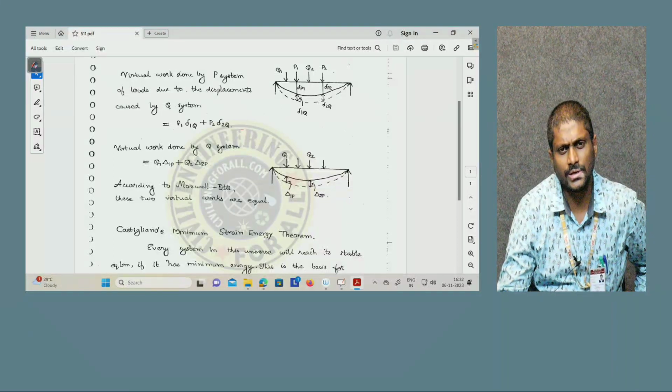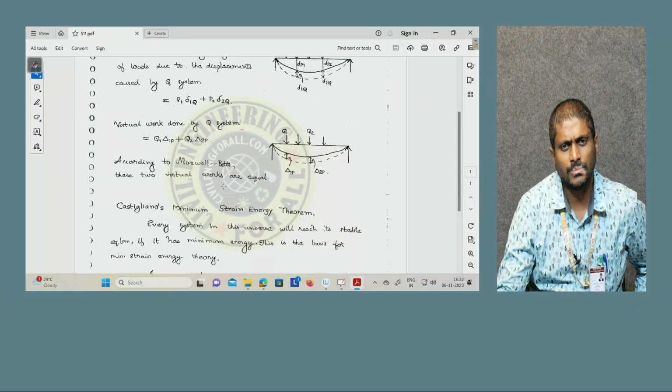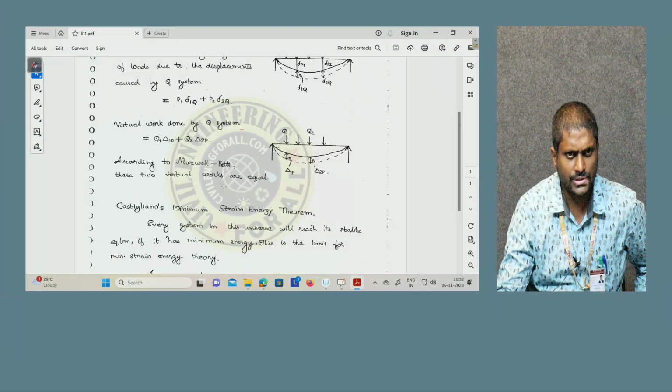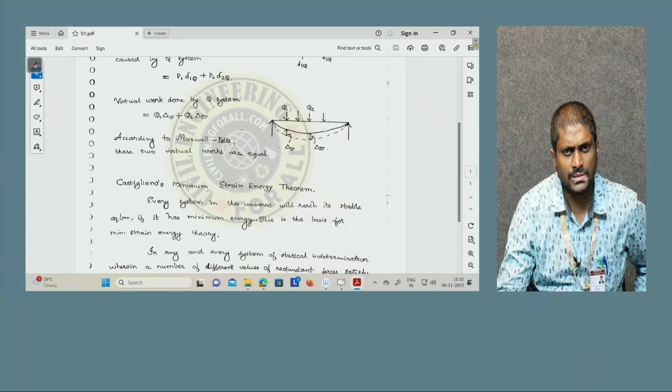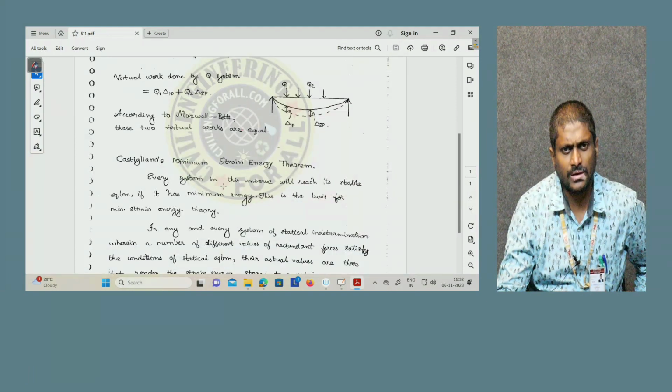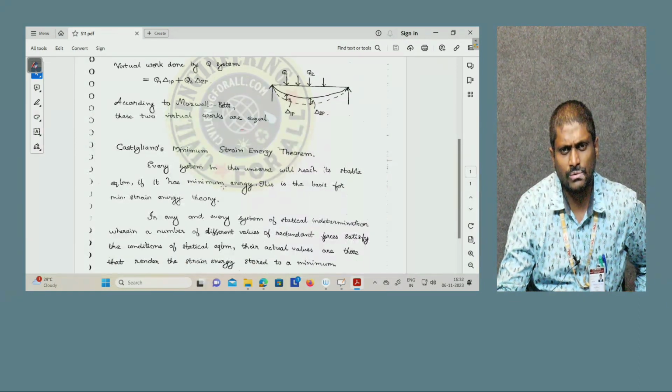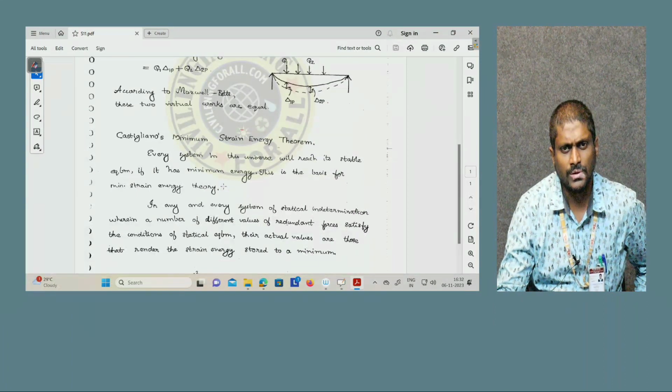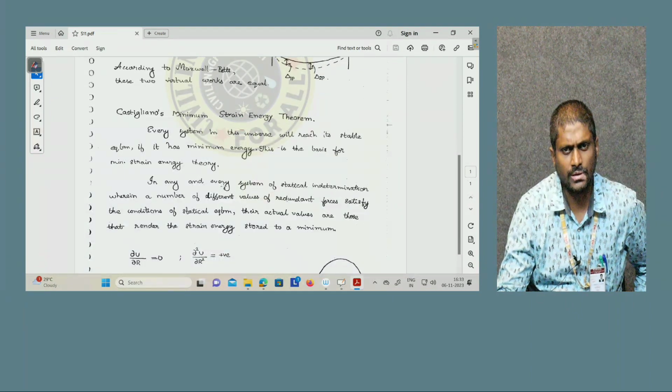Then another very interesting method is Castigliano's minimum strain energy theorem. Every system in this universe will reach its stable equilibrium if it has minimum energy. This is the basis for the minimum strain energy theory. In any and every system of statical indetermination wherein a number of different values of redundant forces satisfy the conditions of statical equilibrium, their actual values are those that render the strain energy stored a minimum.